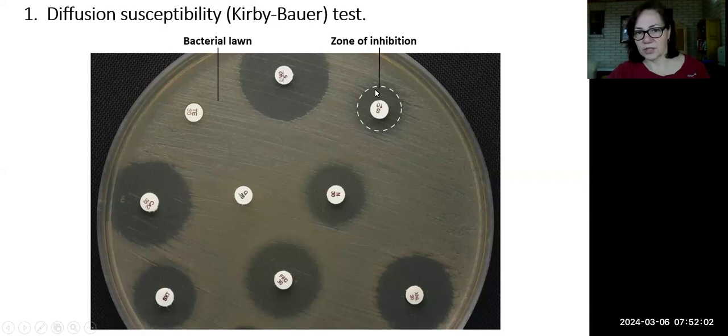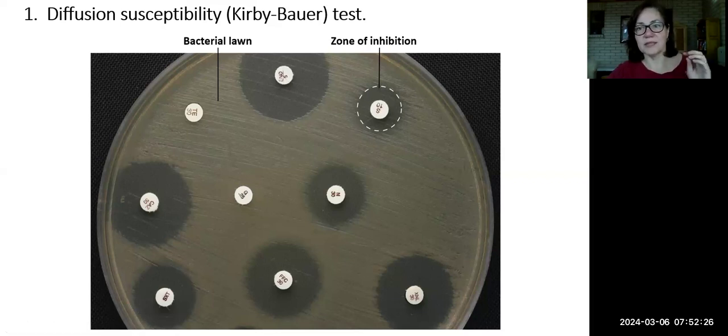So the zone of inhibition is where that open area is. And so the larger the open area, the more effective that particular antibiotic. As you can see, if you look at this one and this one, these 2 medications would be worthless for fighting off this particular bacterium.